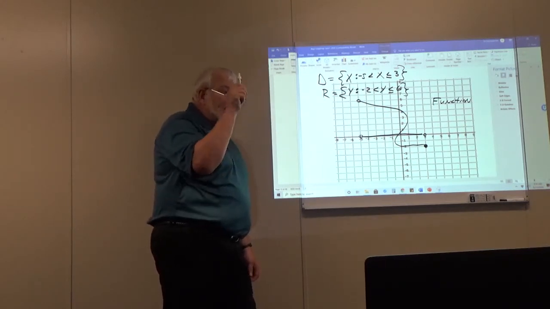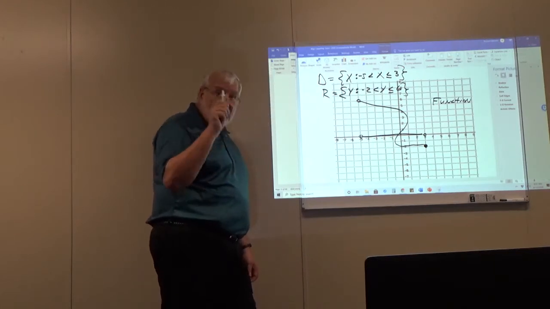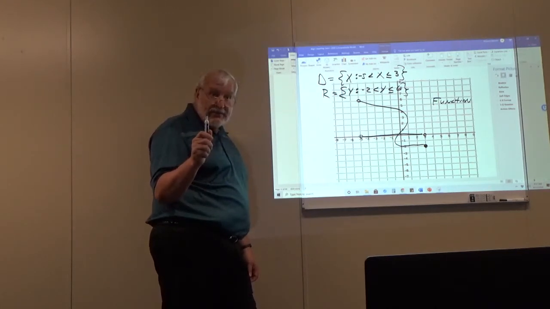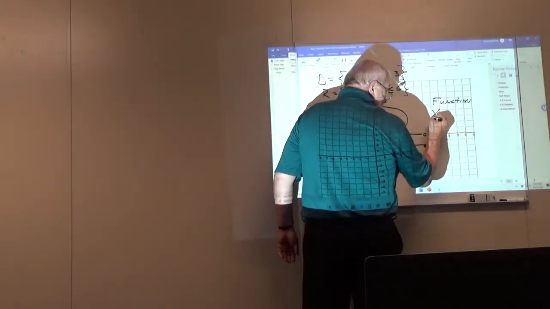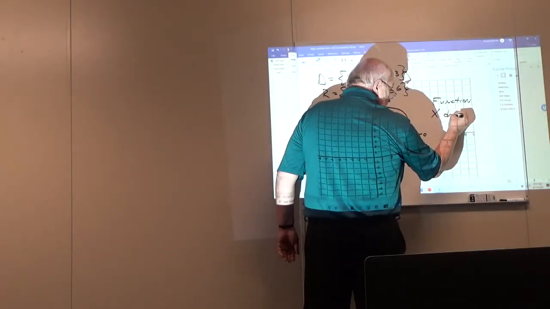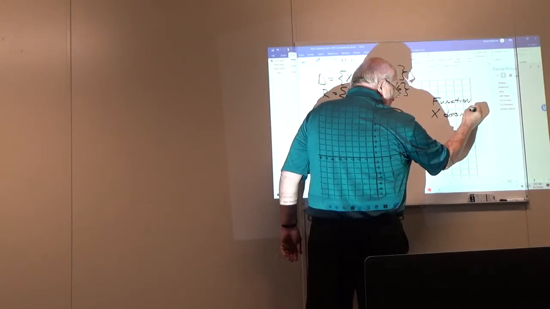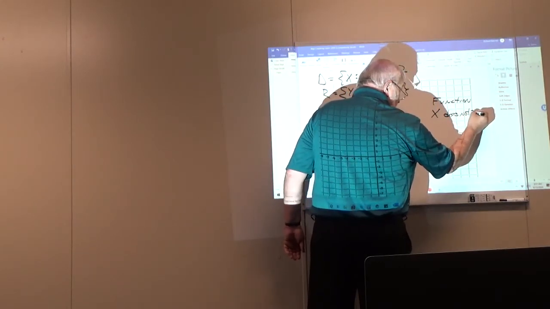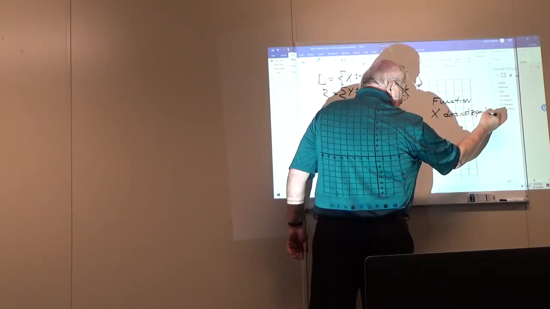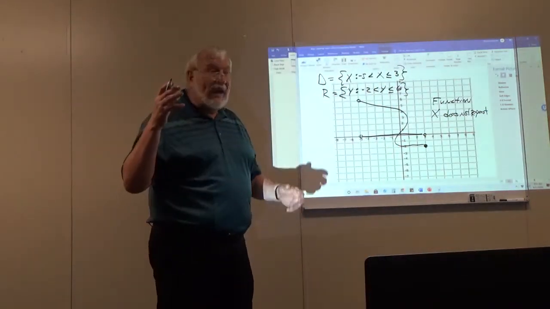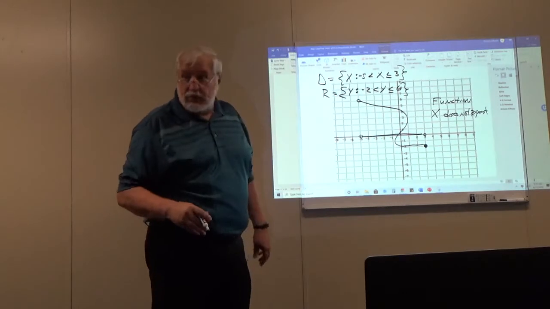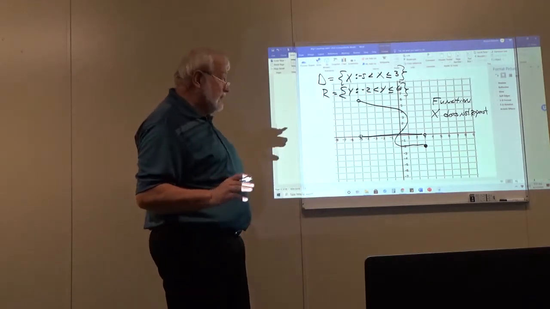So every domain number has a unique range. All right? Therefore, x does not repeat. Because if it does repeat, then you have an x going to two different y's, and that's not a function.